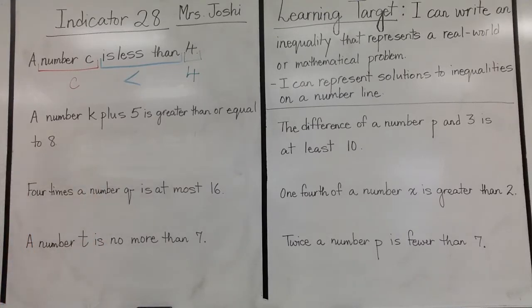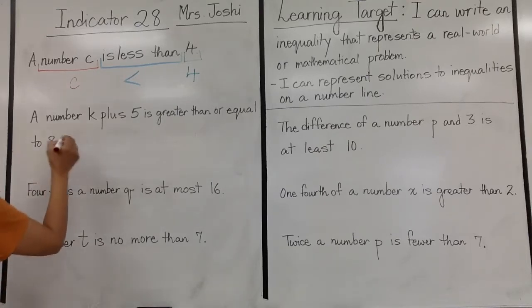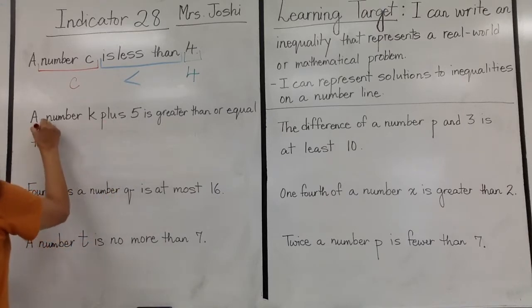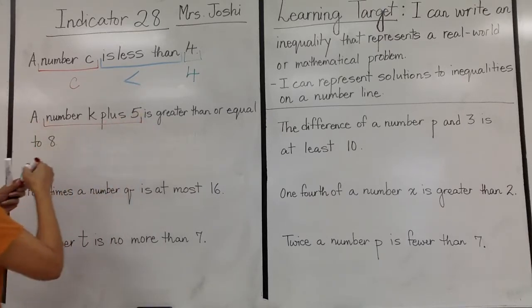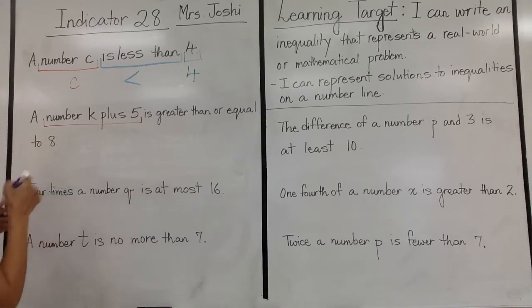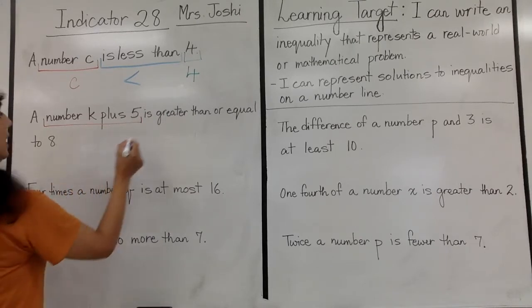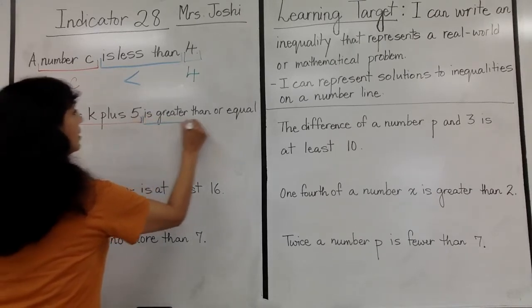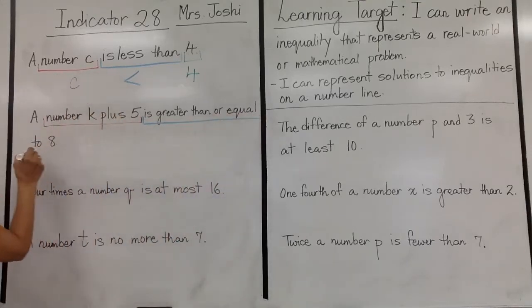Now, let's look at this one. A number K plus 5 is greater than or equal to 8. So this is that part of the sentence.